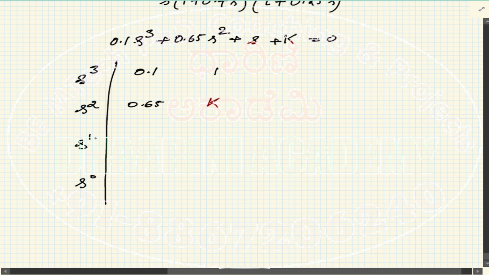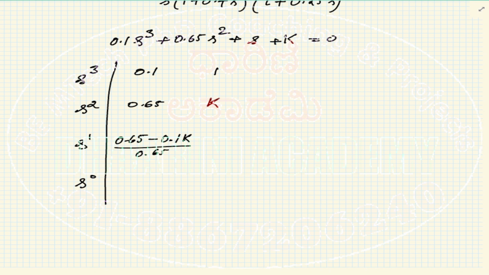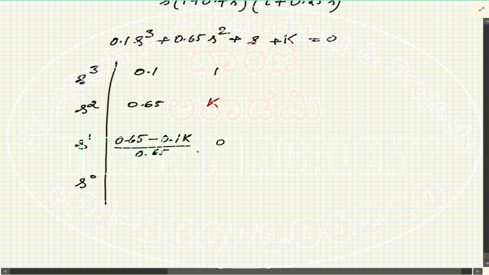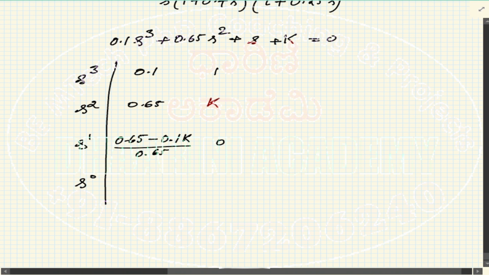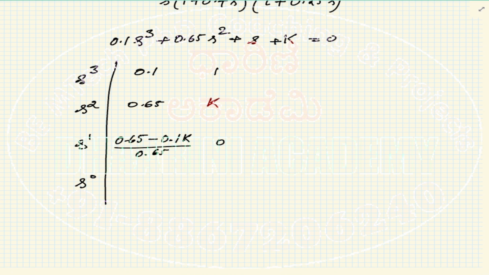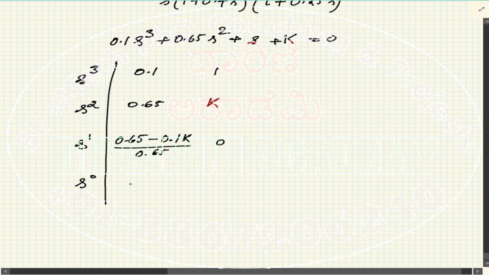That is (0.65 minus 0.1 times 1 into K) whole divided by 0.65. So this is K.